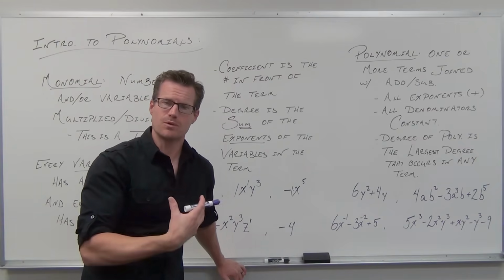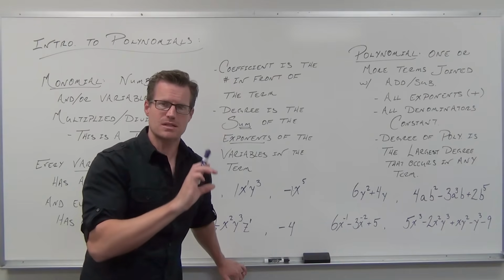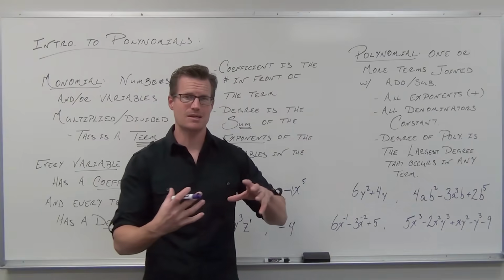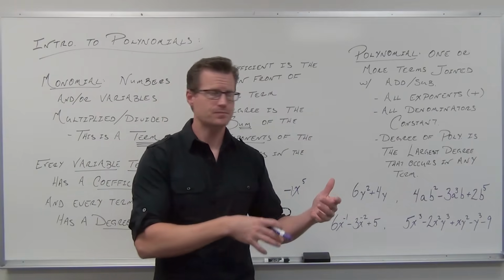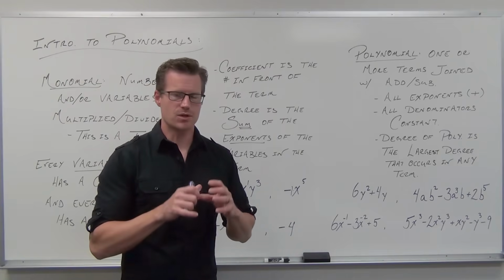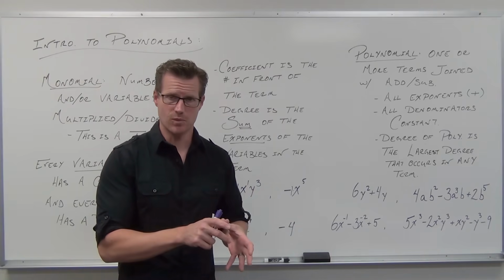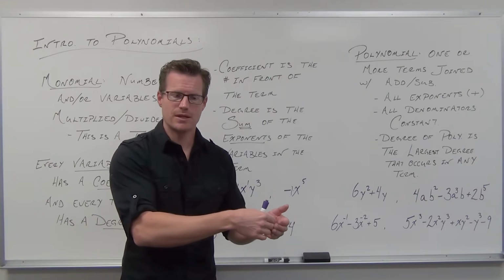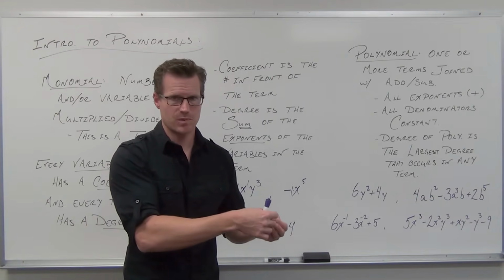Polynomials for us are very simple creatures. They have all positive whole number exponents. Maybe make a little side note here that all the exponents are positive. They're also whole numbers. All the denominators must be constant. So your denominators cannot have variables. The reason why is that if you can't simplify them, then you would end up having negative exponents.